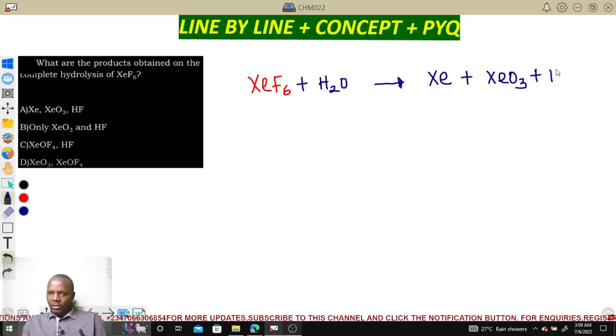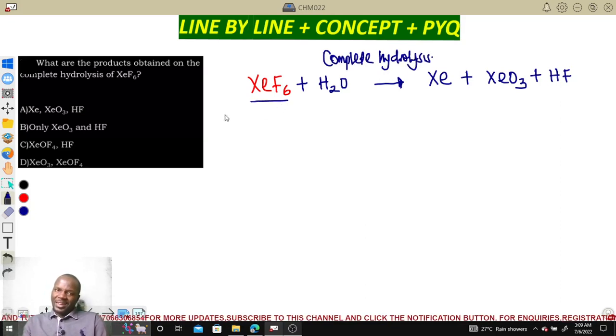Then plus hydrogen fluoride. Please note that. This is the product of complete hydrolysis. You have to balance the equation, which I believe you can all do. So this is the reaction for complete hydrolysis of xenon hexafluoride. So this is the answer. Please note that that's the correct answer to the question.